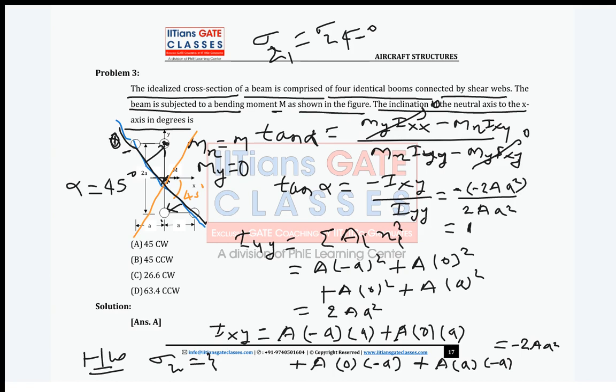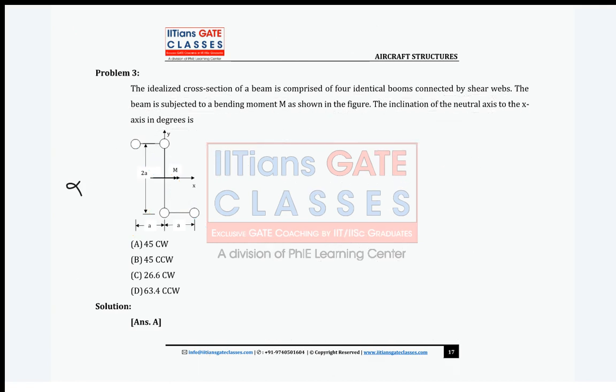Now guys, I have found this inertia directly. I can find it in tabular form also. So it is better if you write inertia in tabular form.